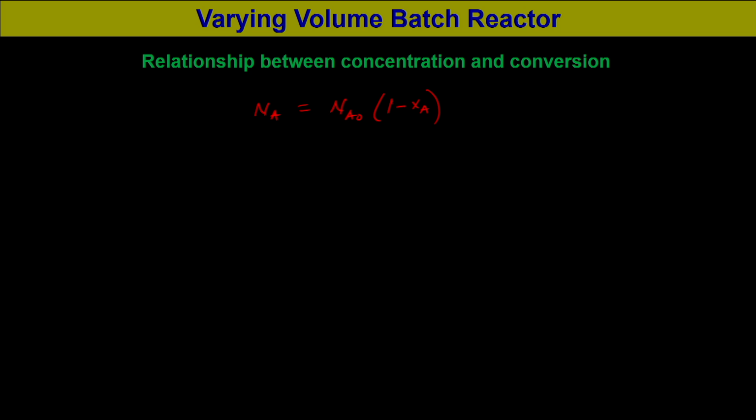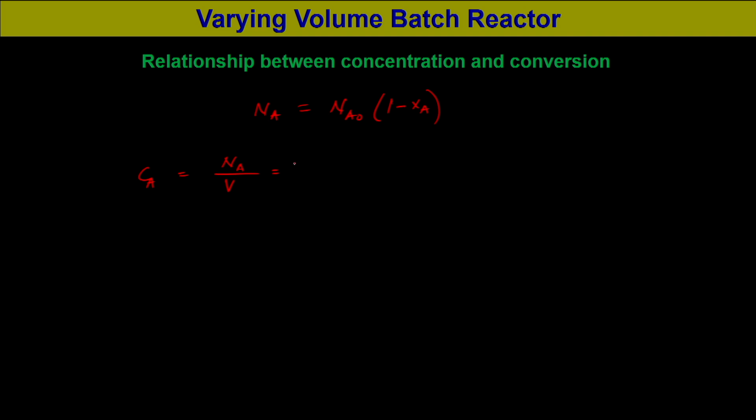Now, we can write Ca is equal to Na by V. In this case, this V is related with the fractional change in volume.